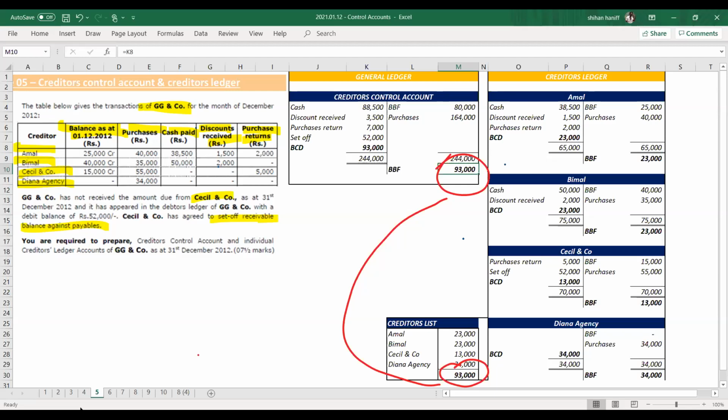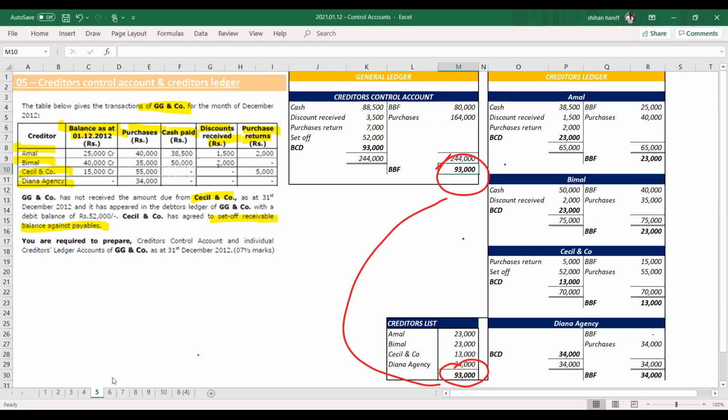So let's do one more question. I explained two parts. The third part I will explain in the next class because it is the reconciliation part and needs more time for the explanation.